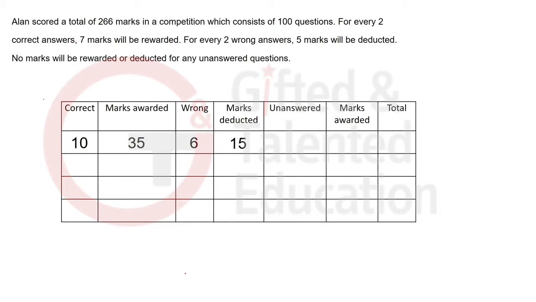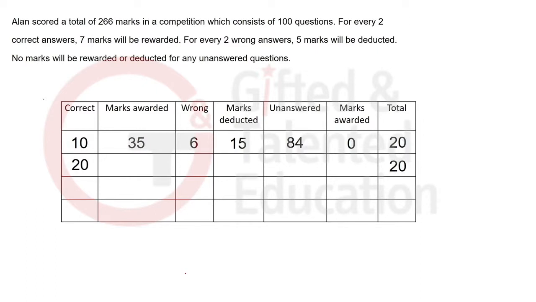Since there are a total of 100 questions, if 10 are correct and 6 are wrong, the rest must be unanswered, giving us a total of 84 unanswered questions. Since no marks will be rewarded or deducted for any unanswered questions, the total score would be 35 minus 15, giving us 20.